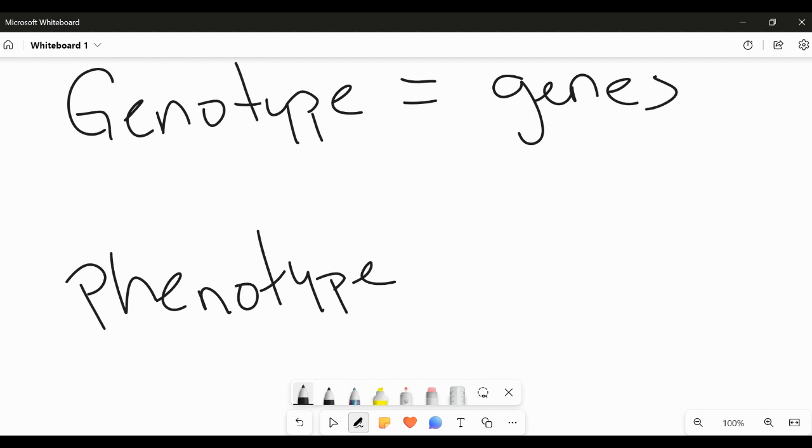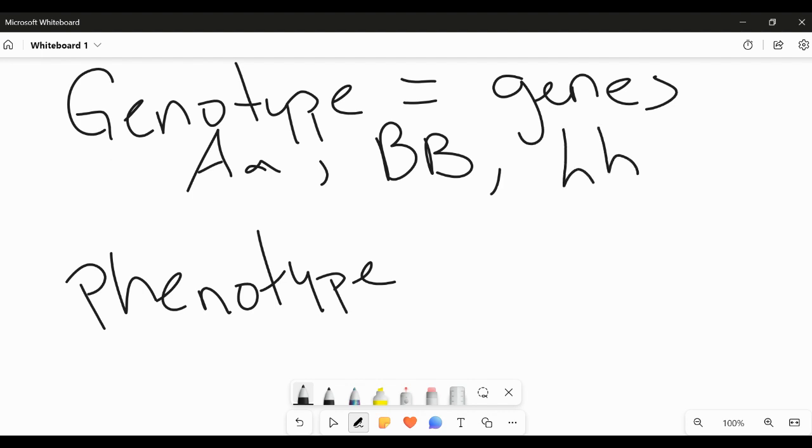So this would be our big A, little a, our two big B's, two little h's. And if you notice, I use letters that look very distinct, capital and lowercase. You want to do that to avoid confusing yourself, so that you know the difference between the dominant and a recessive allele, because it's important to understand which one's dominant, which one's recessive.